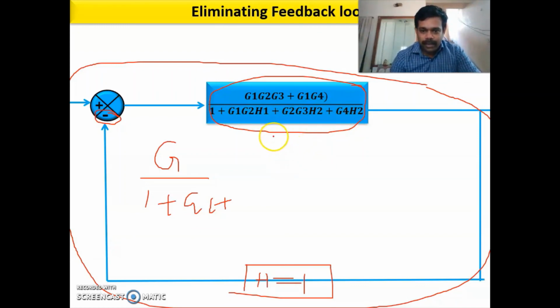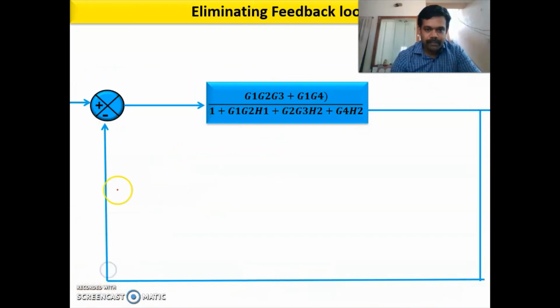If you want, I will draw, we will calculate. So this is your G. What is the expression? G divided by 1 plus GH. So first I am writing G. What is G?